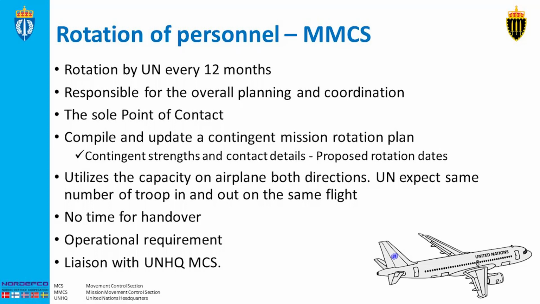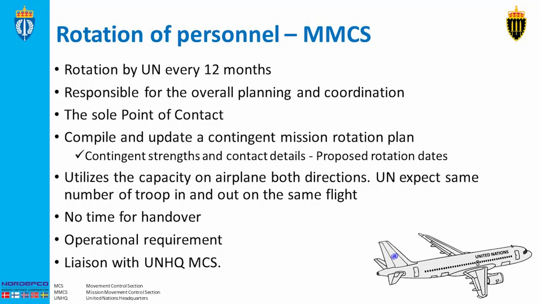Rotation of personnel includes up to 100 kilos of luggage per person. Many troop or police contributors demand rotation every 6 months and therefore organize and pay for this rotation themselves. It is important that the troop or police contributor coordinates regularly with the Mission Movement Control Section to plan national rotations.